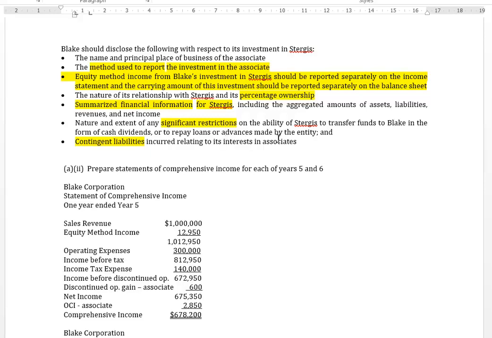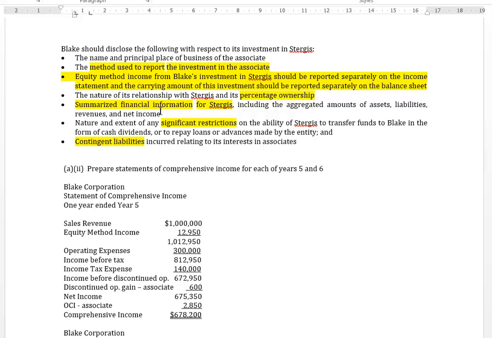So the idea here is that if we think Sturgis is in big trouble, and we've loaned money to this associate because we're kind of their cousin, we're trying to help our sister or brother out, right? We're associated. If we think we might not get it back, or any dividend that we're expecting to receive, we know, hey, listen, maybe Sturgis can't pay it, maybe something bad has happened, we need to report that in there too.